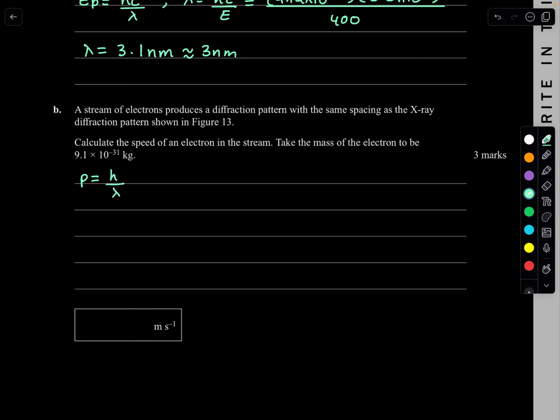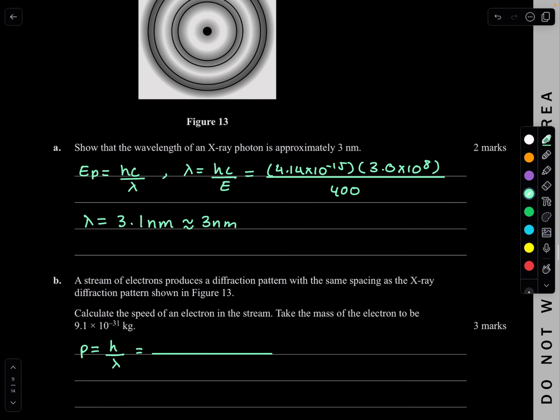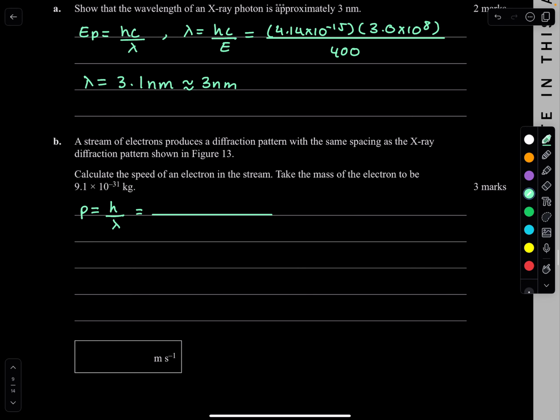Our wavelength is 3.1 nanometers. Remember the momentum is going to be the same for both the electrons and the X-ray photons.